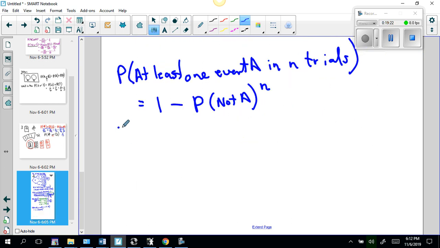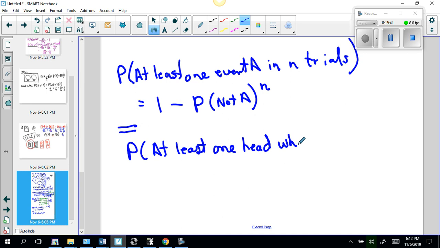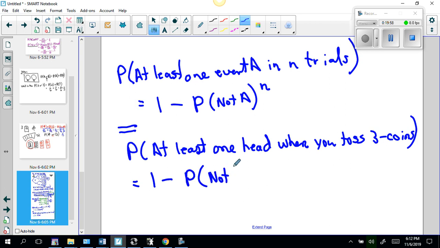They're going to ask a question. In this case, use the at least once rule to find the probability of at least one head when you toss 3 coins. Well, that's 1 minus the probability of not head to the 3.